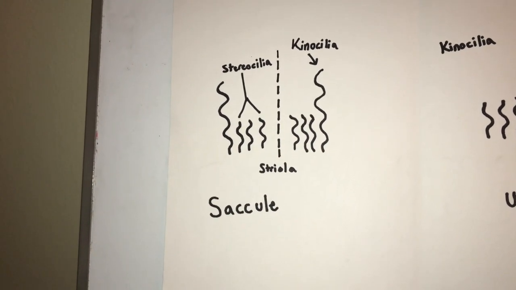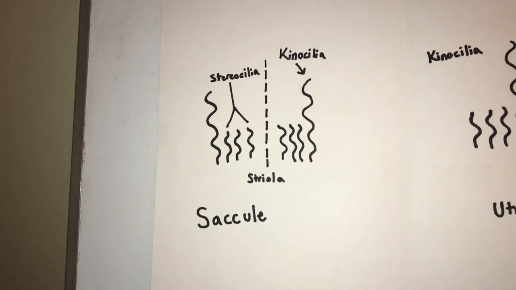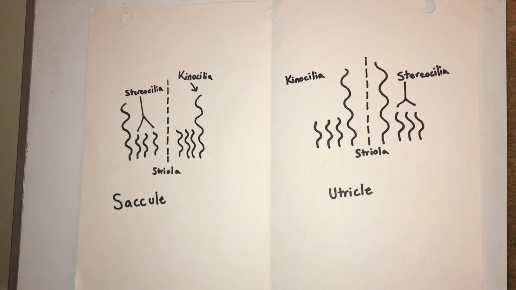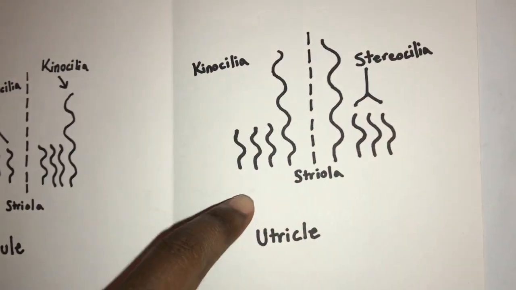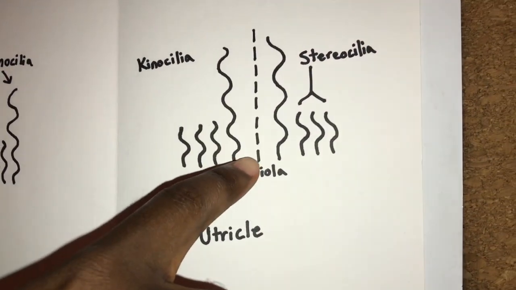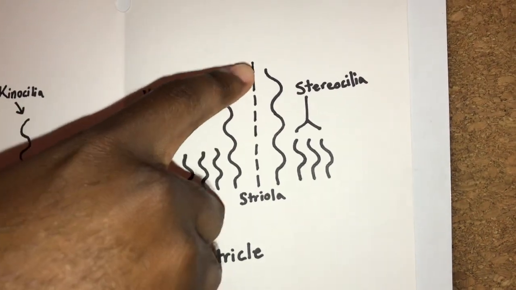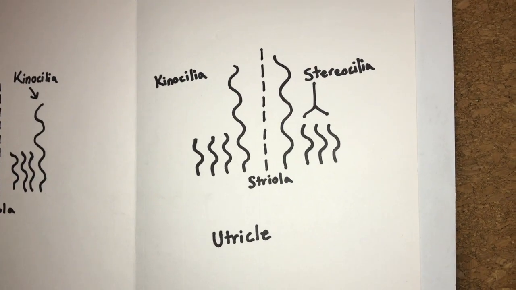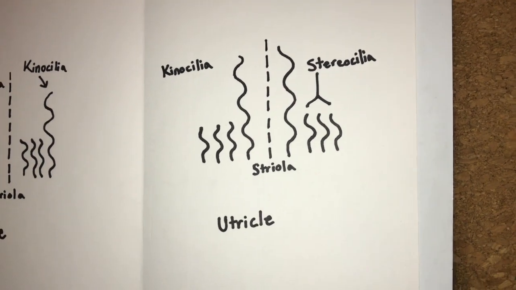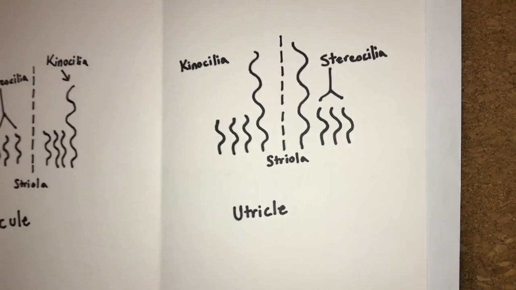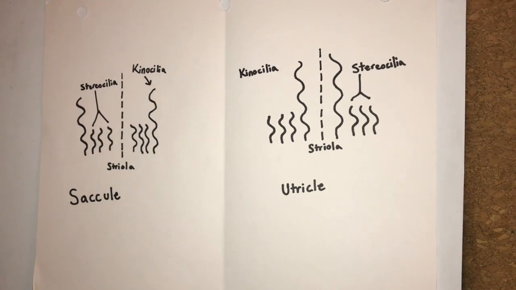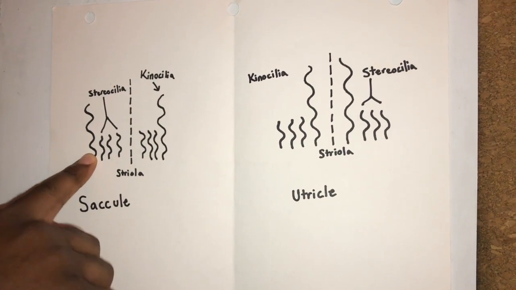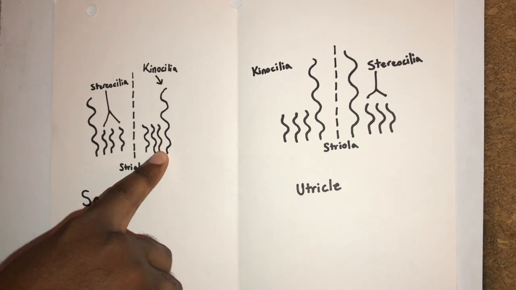Deflection of the otoconia in one direction causes excitation and inhibition within the macular organ. In the utricle, the kinocilia are oriented towards the striola in the middle. Deflection of the otoconia causes excitation and inhibition within the macular organ as well. So when linear acceleration occurs, hair cells on one side of the striola are excited, while the hair cells on the other side of the striola are inhibited.